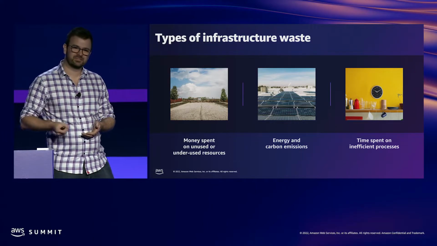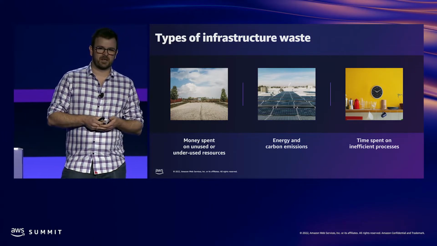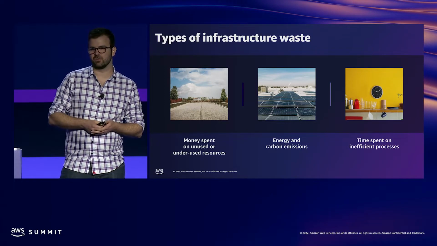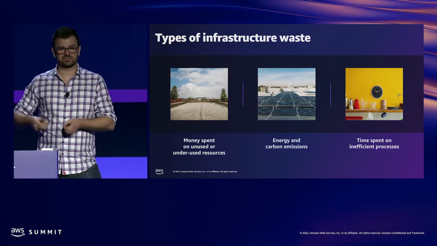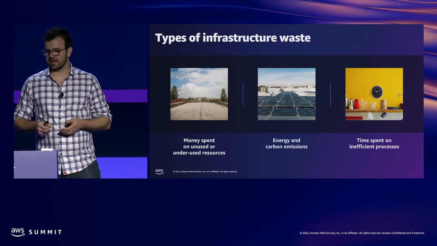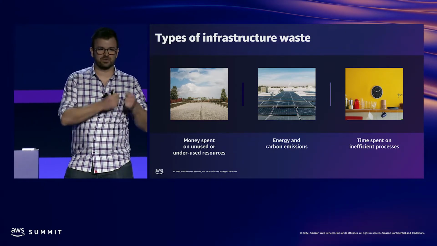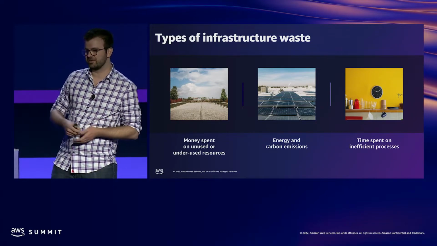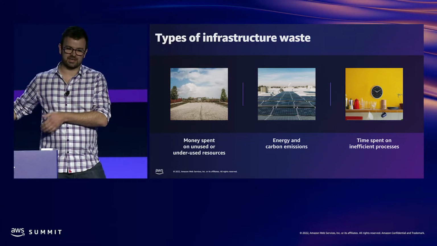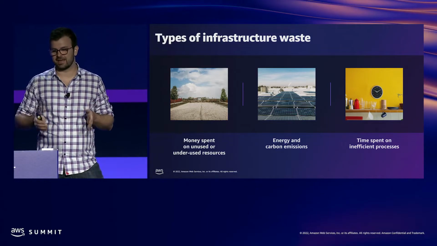But if you are using resources that maybe aren't being used to their full potential, or maybe you're designing your applications in a way that could use some other resources, anything that's between the ideal state, and I know there's no perfect, but there might be closer to ideal, and what you're running now, anything in that gap is going to be waste.